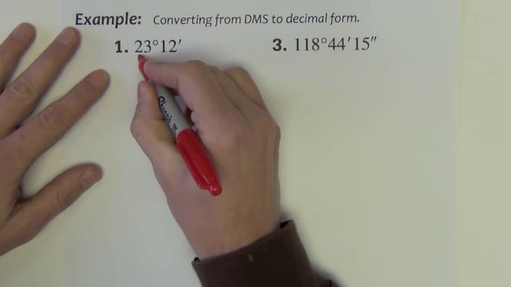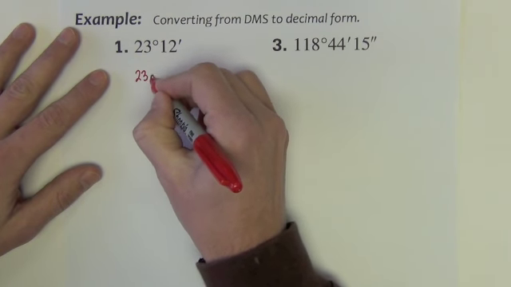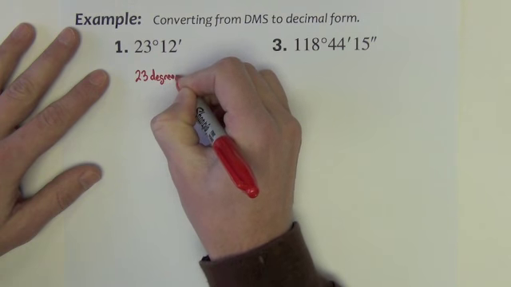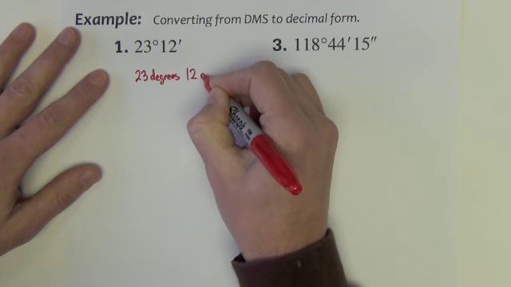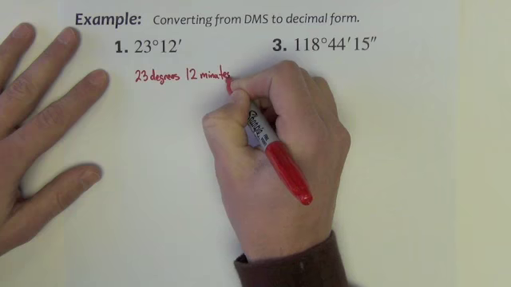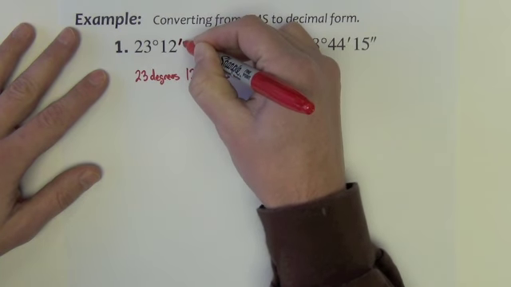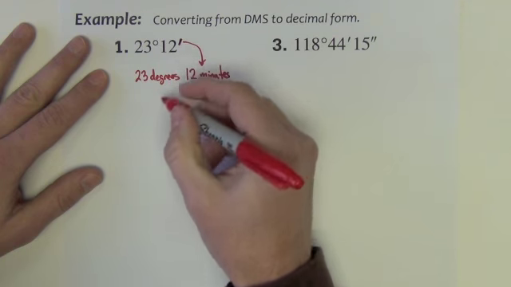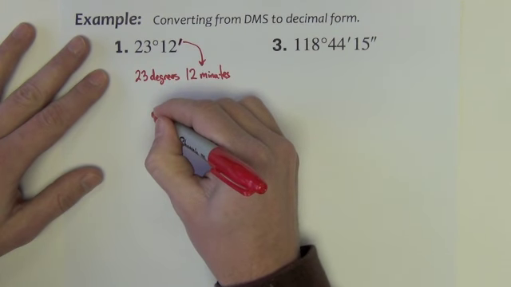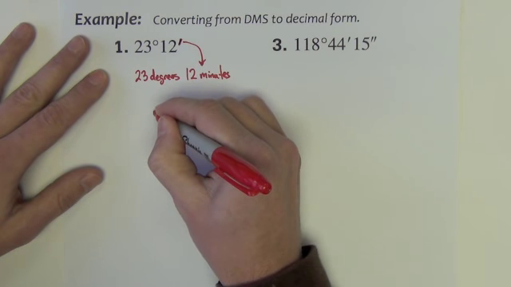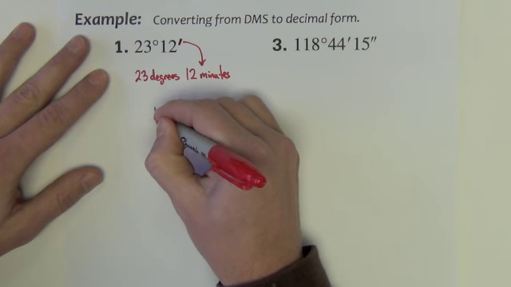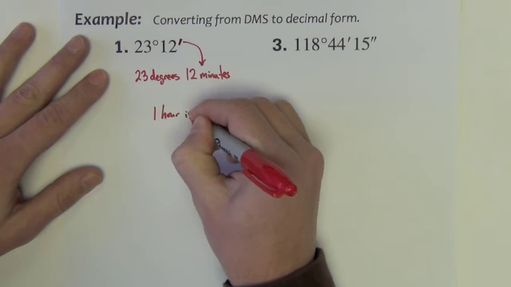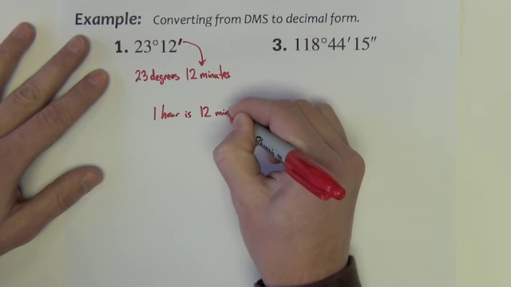So here this reads 23 degrees 12 minutes. The mark here means minutes. So to convert into decimal form, we have to know what fractional part of 1 hour is 12 minutes.